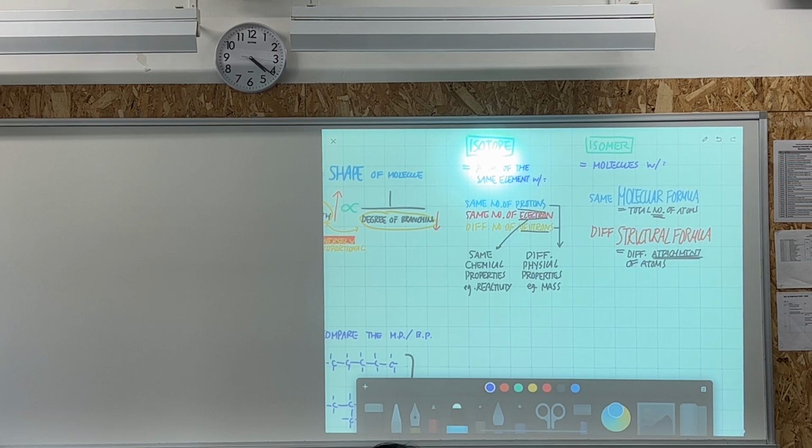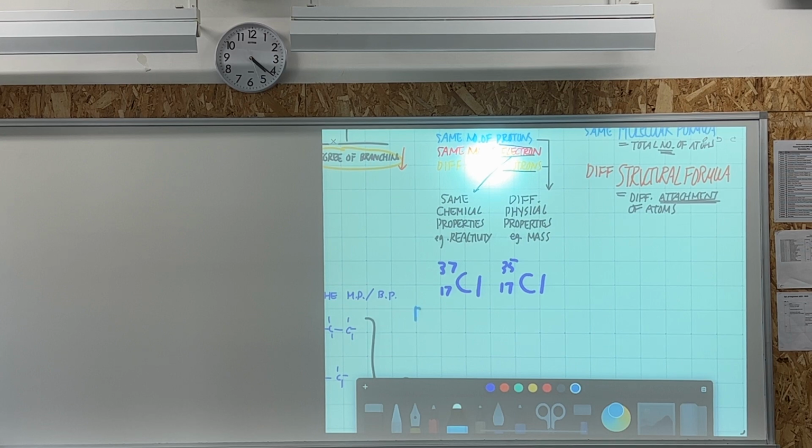Below we have chlorine 35 and chlorine 37. Let me give you all a very short task. Can you tell me how many protons, electrons, and neutrons there are in these two isotopes? 17 protons. Yes. How many electrons?